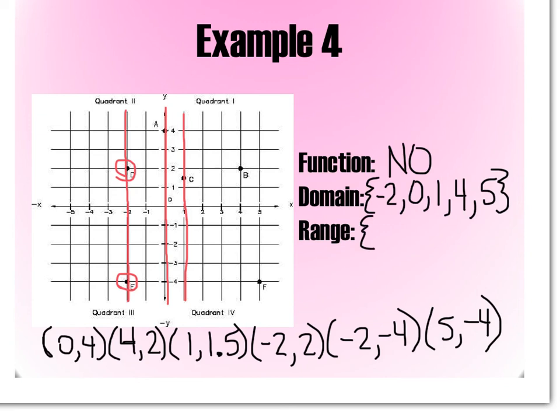So we look at our y values. The lowest y value I see is -4. After -4, I see 1.5 or 1 5/10. Next, I see 2, and then I also see 4. In here, -4 was repeated, and 2 was also repeated, but again, we only write it one time.